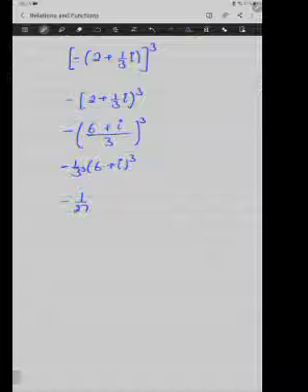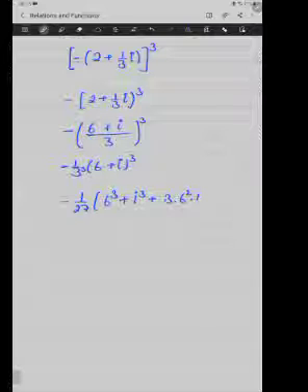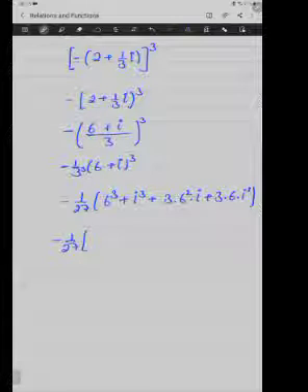So 1 upon 27. Now a cube plus b cube plus 3a square b plus 3ab square. Hope you remember this identity. So minus 1 upon 27. 6 cube, I remember, is 216.